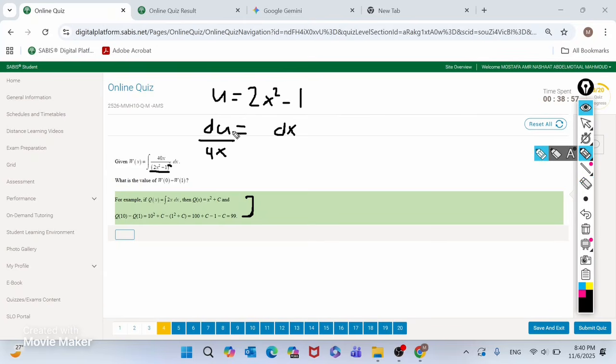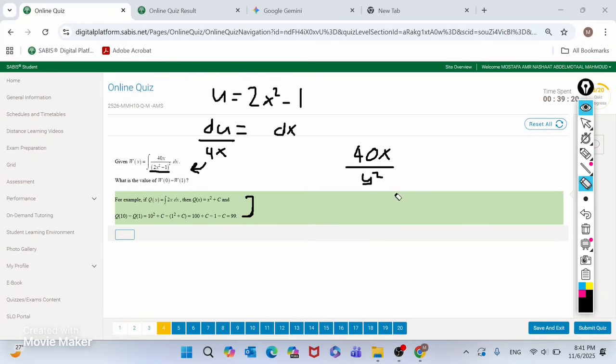So just put this into dx. So now you have 40x over u, the whole term is squared, u squared. Well, that looks like a y.